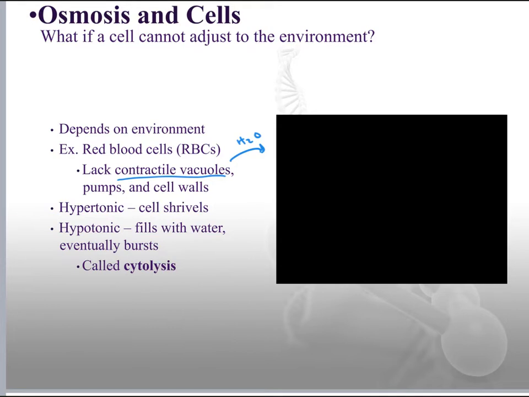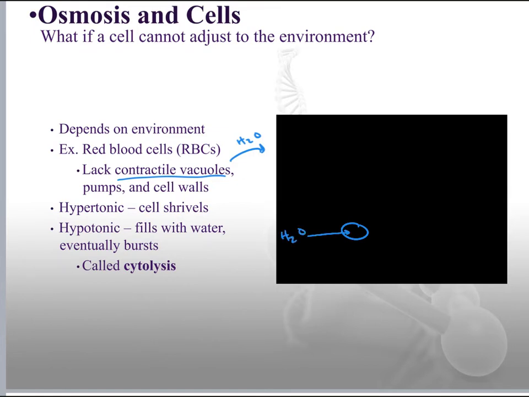So what happens? Well, we already saw an example of what happens if you put it into hypertonic solution. The water leaves the cell and the cell shrivels up. The other side of things is, what if you put red blood cells in just pure water? Now the concentration is greater inside of the cell, and water is going to rush into that cell.